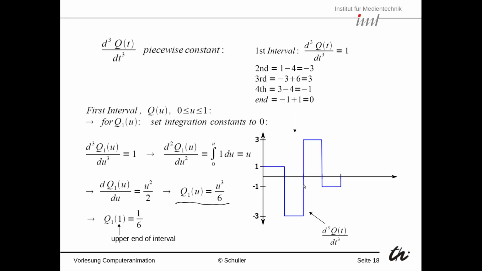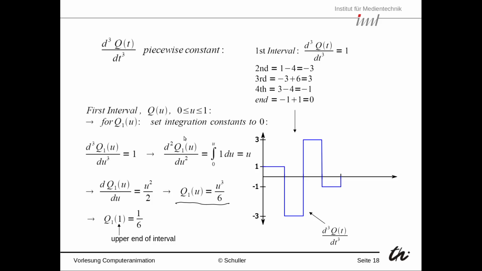For the second and first derivative and the value itself, now we need to take care of the continuity. So here we take a look at the first interval for u between 0 and 1, q1. The third derivative of q1 in the first interval was 1, so here this 1. And yeah, that's fine.